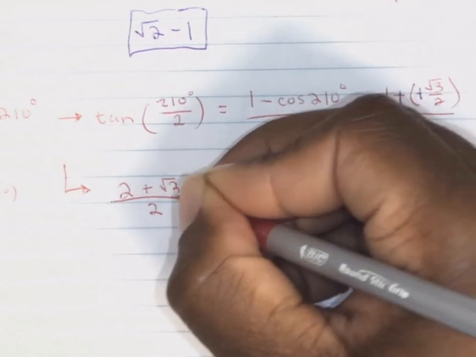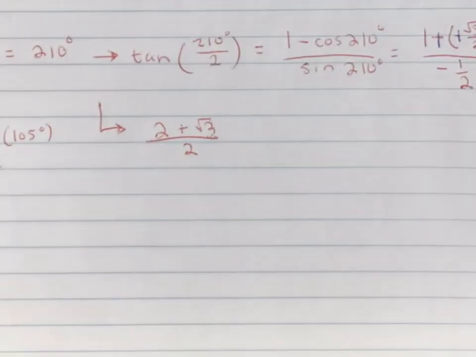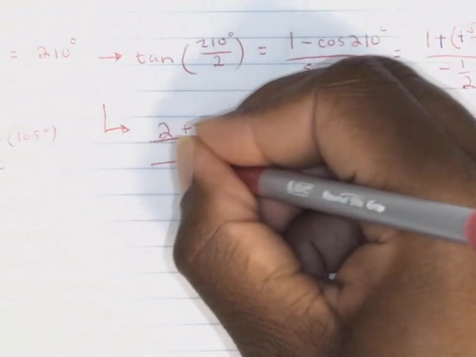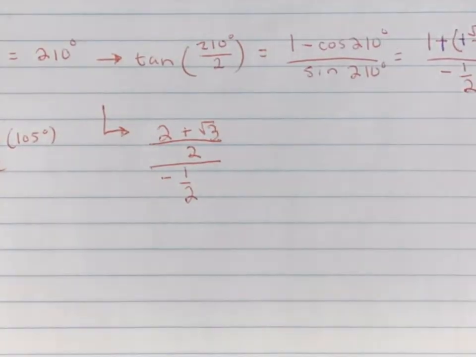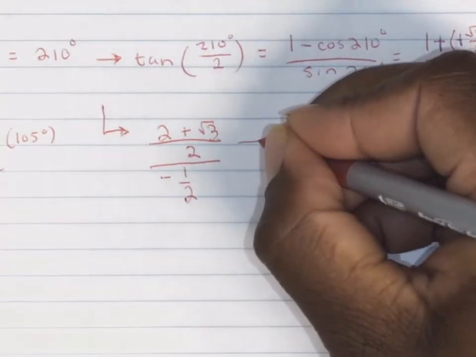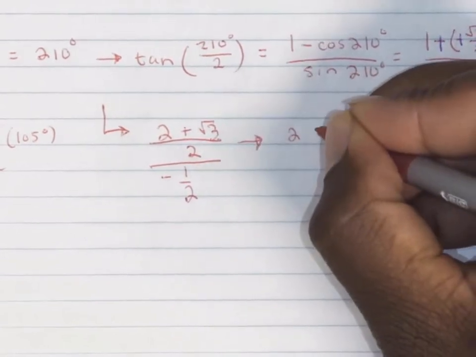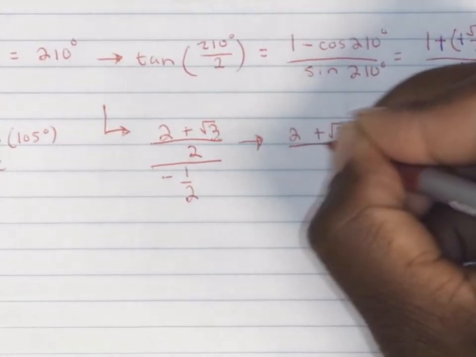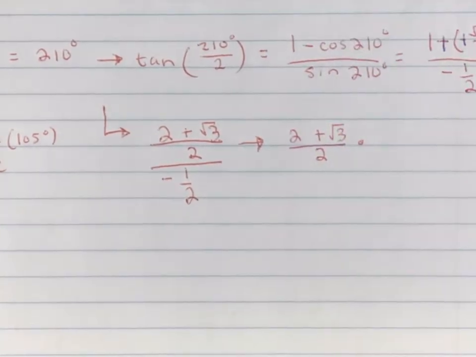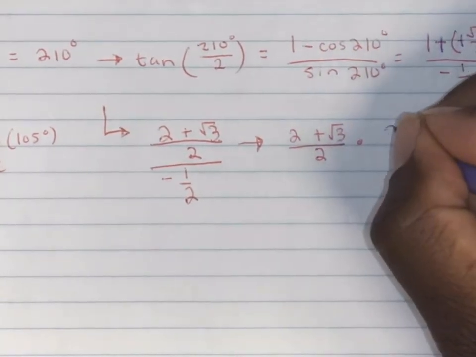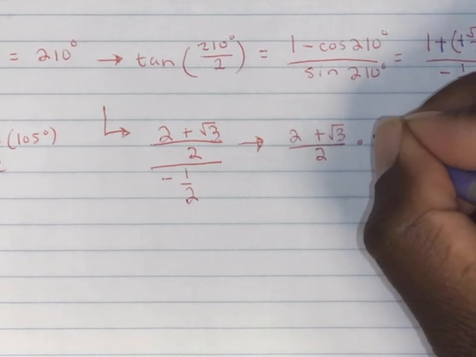So I just put it as the same 2. This is all being divided by negative 1/2. I'll keep 2 plus root 3 over 2, and I'll multiply by the reciprocal, which is negative 2 over 1.